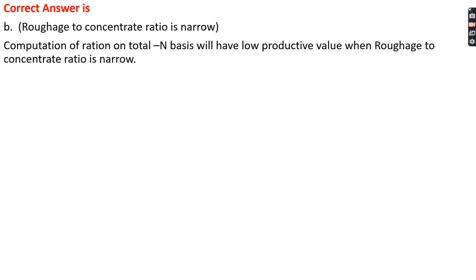When the roughages to concentrate ratio is narrow, the computation of ration on total nitrogen basis will have low production value. When the roughage to concentrate ratio in the ration is narrow, the production value of that ration is considered low.